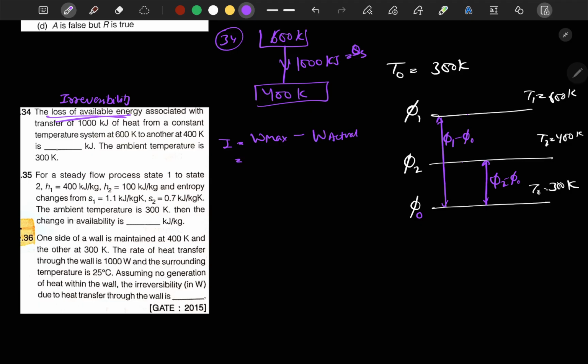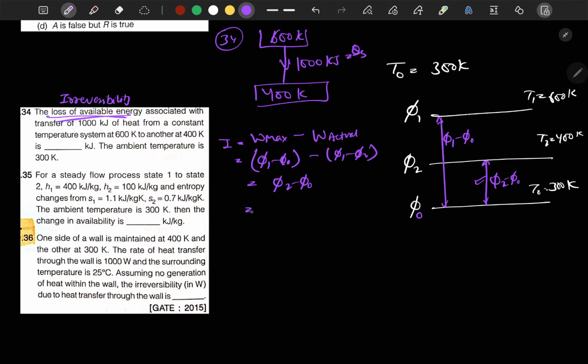Maximum work possible will be phi 1 minus phi naught, but we obtained the work from 1 to 2 only. So irreversibility will be phi 2 minus phi naught. We didn't recover this amount of work.